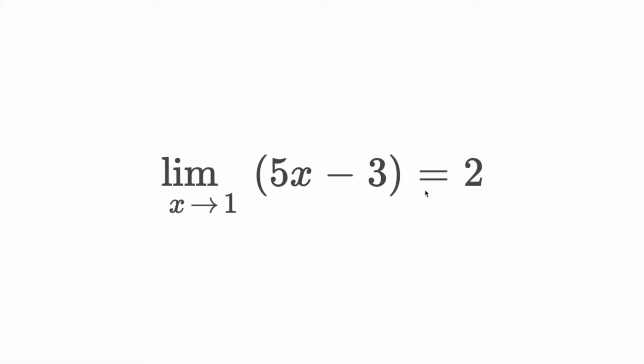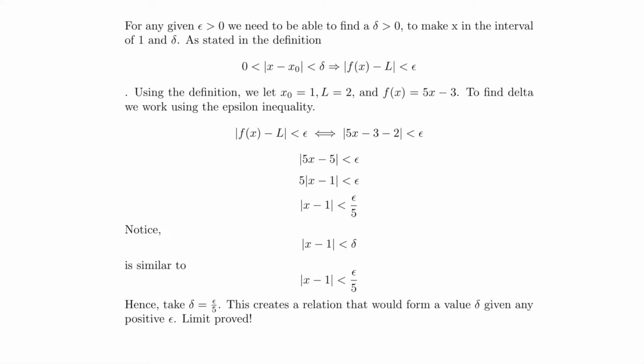Take the following example. We assume there is an epsilon given and work backwards using the epsilon inequality to come up with a relation that forms a delta greater than 0 and keeps x within delta of 1, where 1 is x sub 0 and L is 2. We resulted with delta being epsilon over 5.